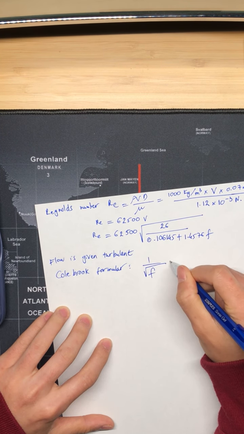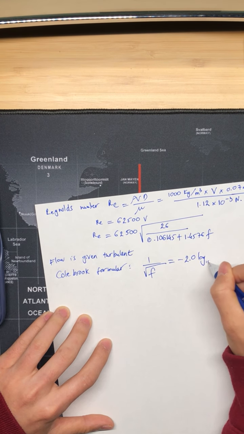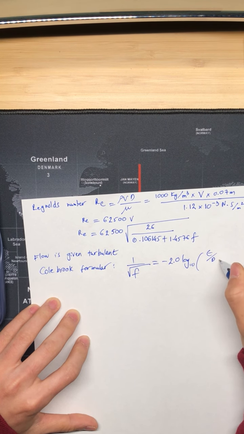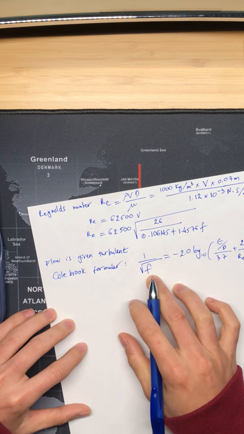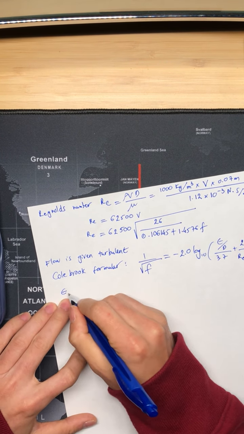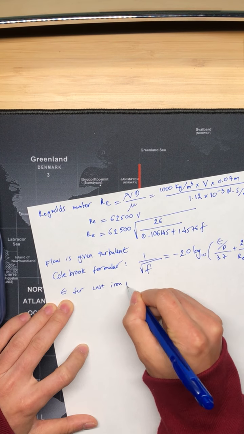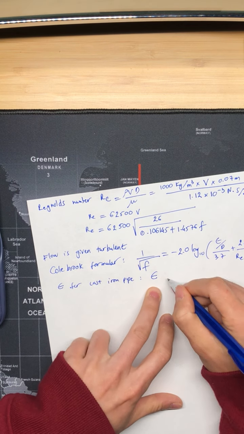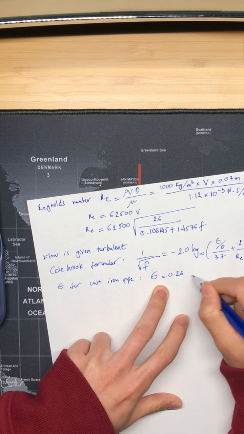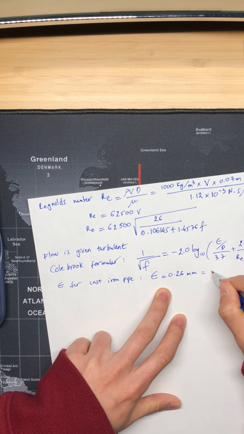I'm gonna just copy from the textbook. Over 3.7 plus 2.51 over Reynolds number times square root of F. So for cast iron pipe, we have the roughness is 0.26 millimeters, which equals 0.26 times 10 to the minus 3 meters.